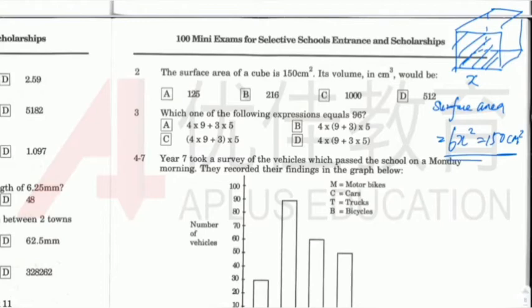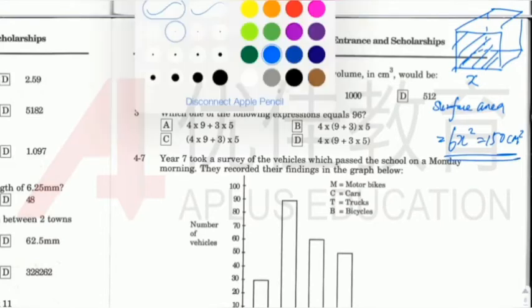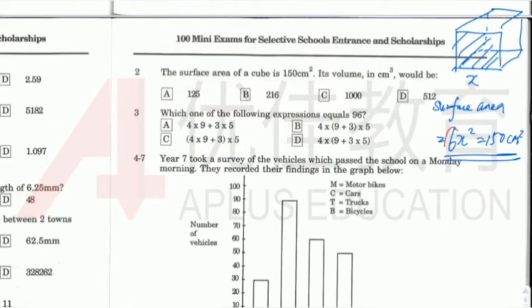And then we deal with this equation. We've got 6 here and we've got 150 here. We divide both sides by 6. Therefore, we have x squared equals 150 divided by 6, which is 25.